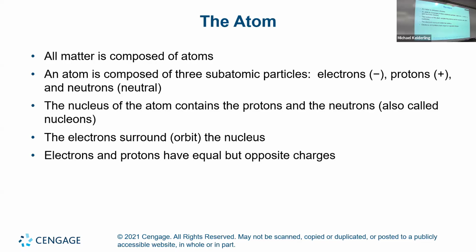So an atom is composed of 3 subatomic particles: electrons, which are negatively charged, protons, which are positively charged, and neutrons, which are neutral. And the nucleus of the atom contains the protons and the neutrons. They're also called nucleons, while the electrons surround or orbit the nucleus. And electrons and protons have equal but opposite charges, which is why the electrons are attracted to the nucleus and orbit the nucleus.